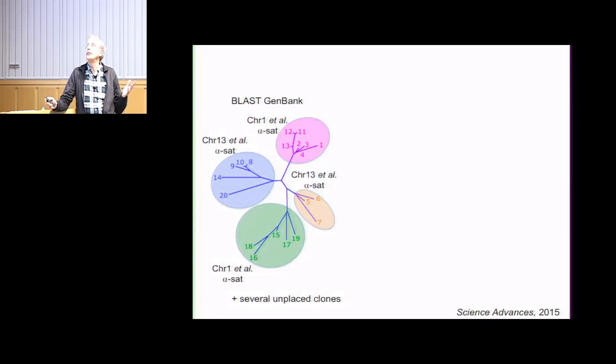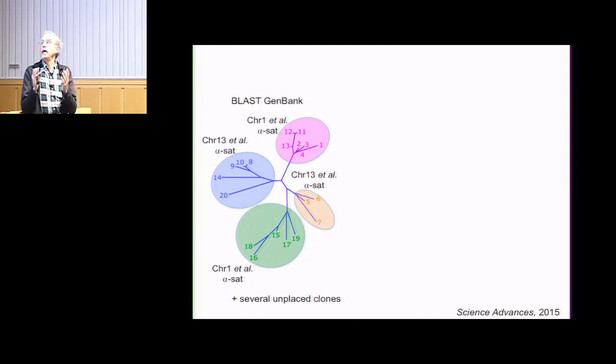So we'll call this chromosome 1-like and this chromosome 13-like. Now, there were also several unplaced clones, and these are the really interesting ones. By the way, this is all from the Craig Venter genome, although we've also done this with 4 other genomes and get the same phylogeny. So this is going to be true for the human genome in general.